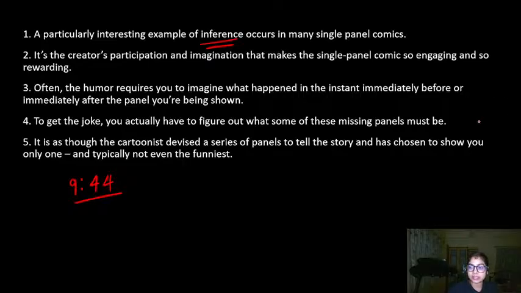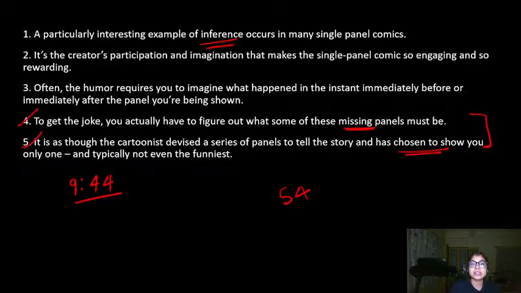So as I can see, there's an established chronology of the last two sentences where five should come first and then four. Because to get the joke, you have to figure out what the missing panels must be. Missing panels are right here, right? Then often the humor requires you to imagine what happened in the instant immediately before or immediately after the panel you're being shown.